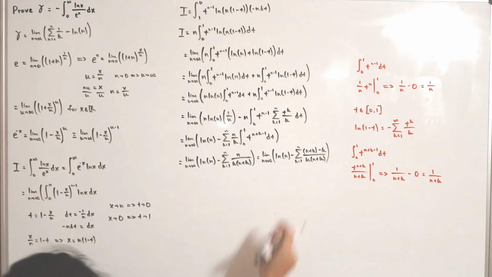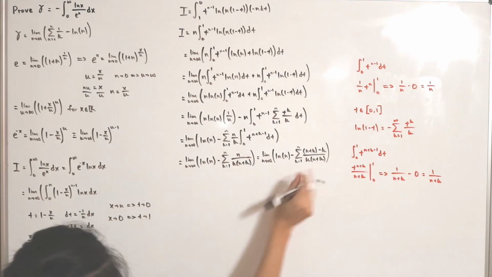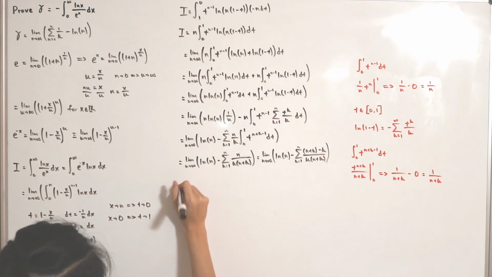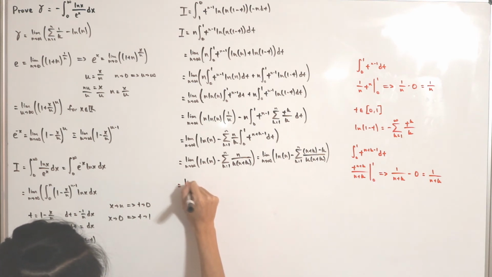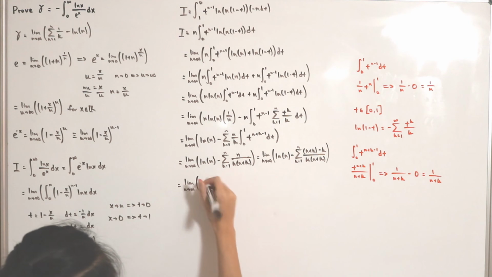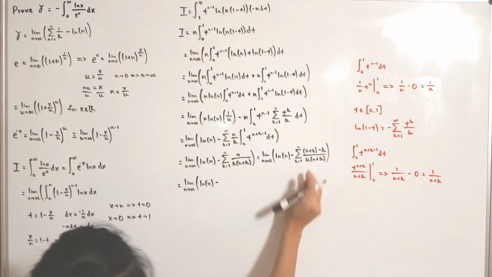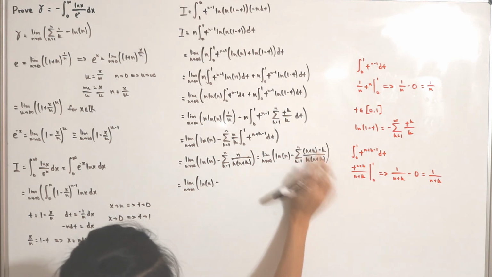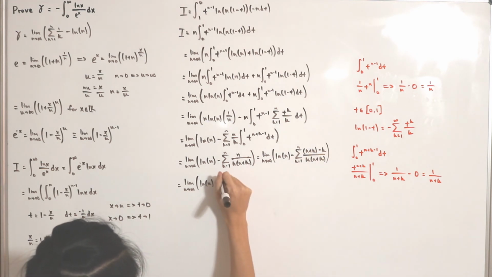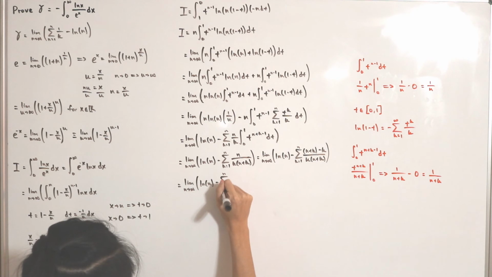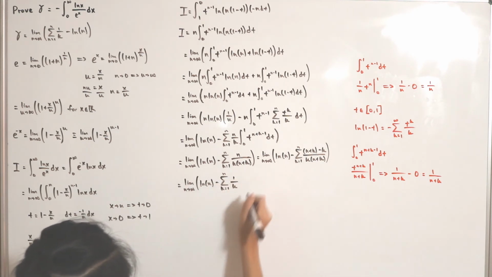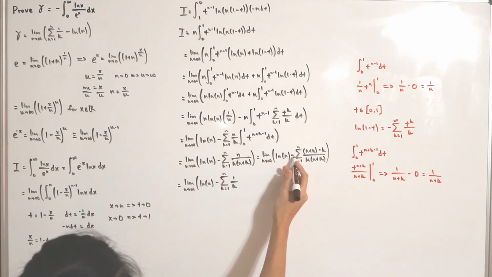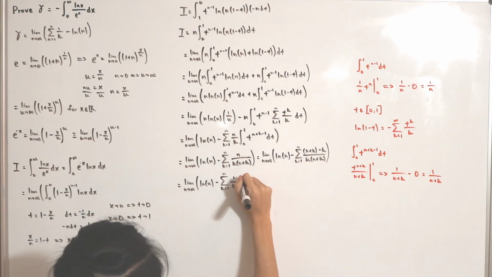Okay, so with this, now we can split this into two series, two summations. So rewrite the limit as n approaches infinity of ln of n, then minus, so n plus k divided by n plus k, they cancel, so this is just n, the summation from k equals 1 of 1 over k, and then I can distribute the negative into here, so this will become a positive.